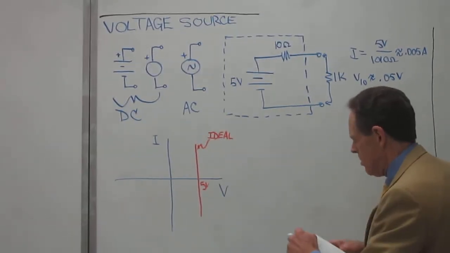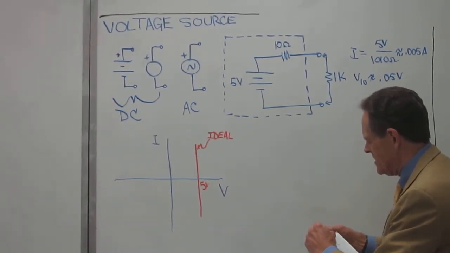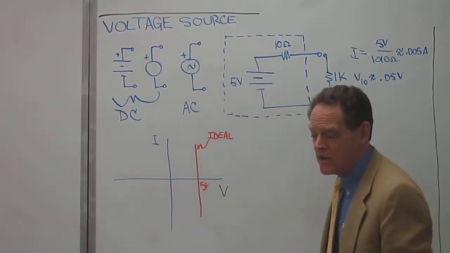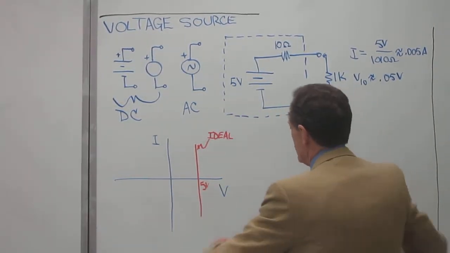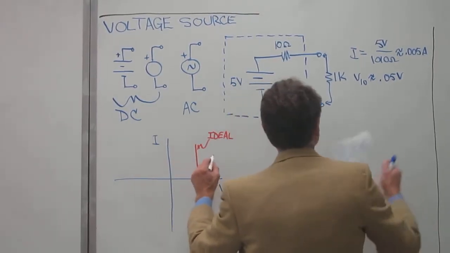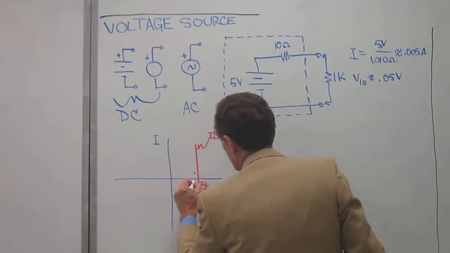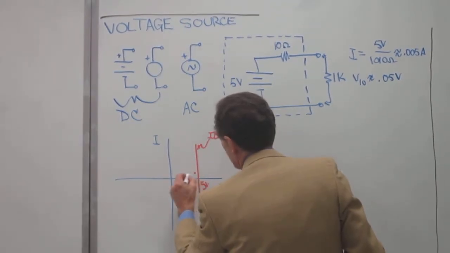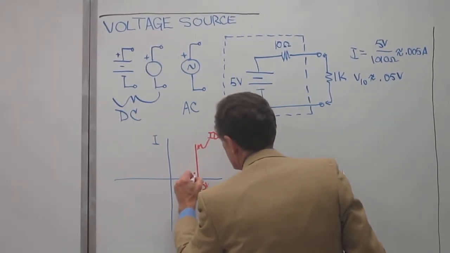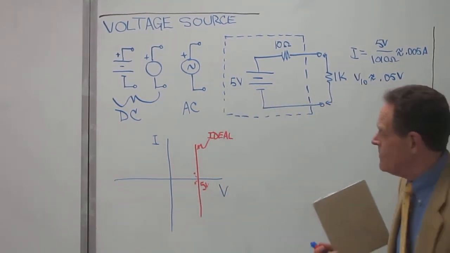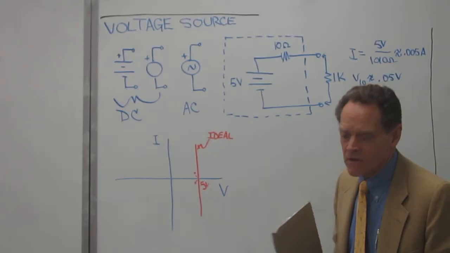And so if we were to plot a non-ideal voltage source on this IV curve, what would that look like? Well, as the current is kind of small, we would have a point that would be here someplace, plus or minus, and so we would see a slight drop in voltage with a slight amount of current.